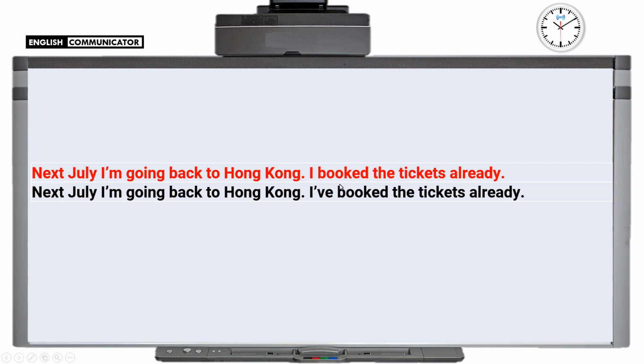I booked the ticket means it was in the past, sometimes two years before, but I have booked means it is finished. So the right sentence: next July I am going back to Hong Kong. I have booked the tickets already. Okay, I have booked the tickets already.